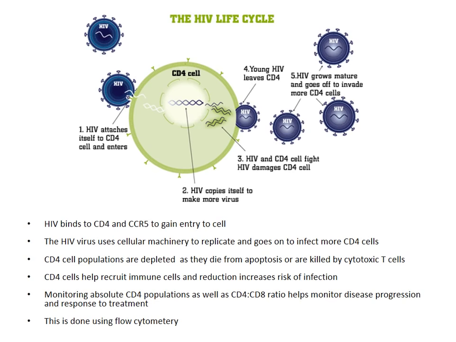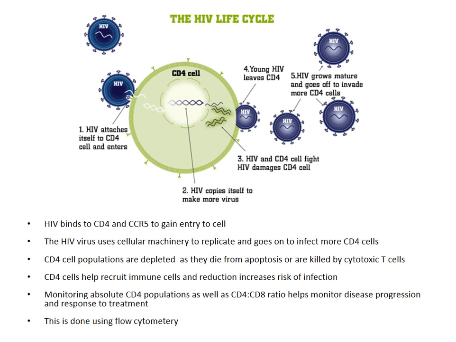So what you then have is a decrease in CD4 cells, and because CD4 cells help recruit immune cells and are critical to any immune response, you get an increased risk of infection.